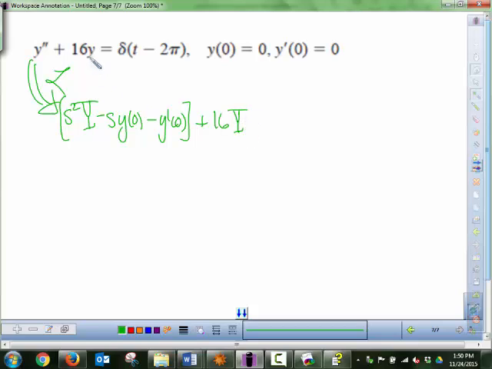That's just y without any fancy transformations. And now we have this delta function at 2 pi. So remember, this transforms to e to the negative s times t naught, which is 2 pi. So I'm just going to say e to the negative 2 pi s.